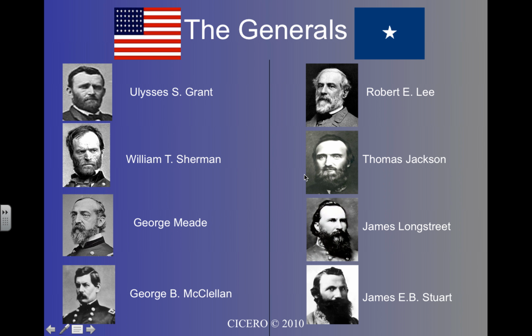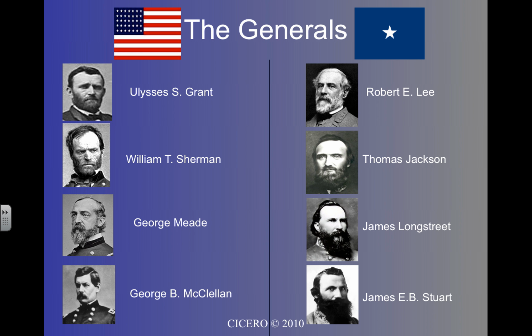Over here on this side, you have a guy by the name of Thomas Jackson, or Stonewall Jackson as he was known. Now, he was killed early in the war, and many say that if he hadn't been killed, he would have almost turned the tide of the war. He was such an effective general for the South. He was such a good fighter.